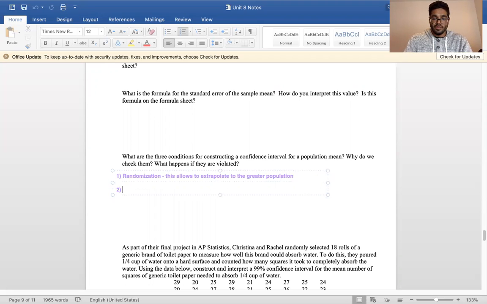We have the 10% condition, so n needs to be less than or equal to 1/10 of big N. This controls or limits variability by looking at independence.